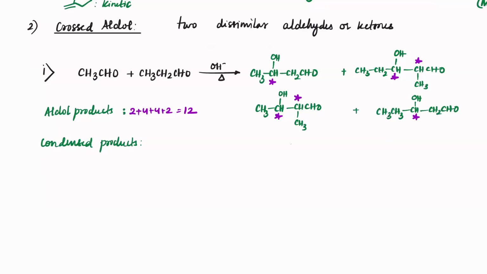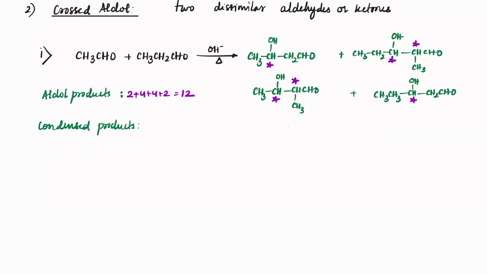Now let me write all the condensed aldol forms. So after elimination, if I make an elimination here, what do I get? I'll get CH3, CH double bond CH, CHO. Second one, CH3, CH2, CH double bond C, CH3 and CHO.